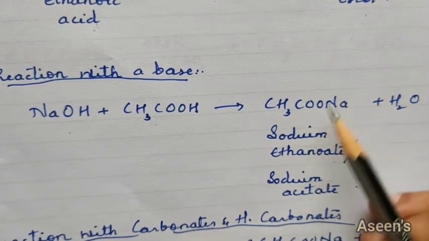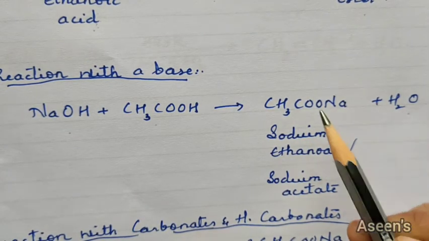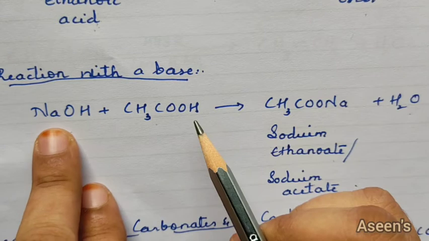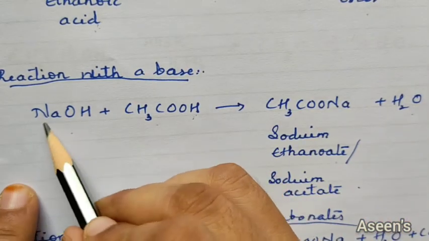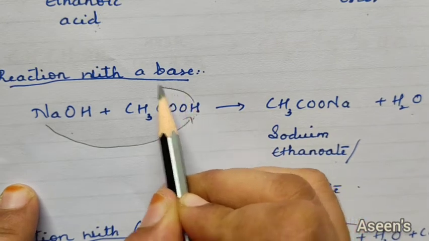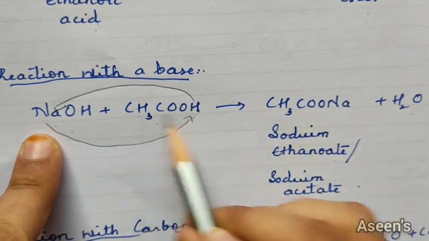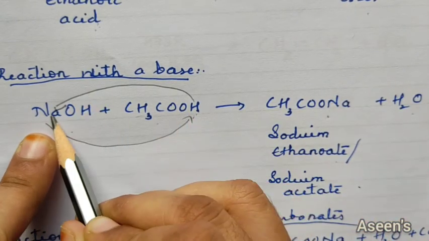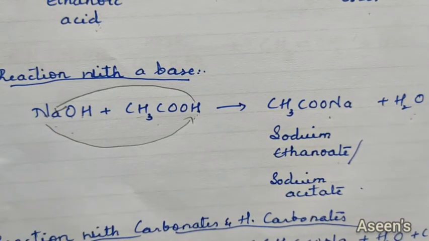Both are fine, both are names for this one. Along with water. So as you can see here, this hydrogen is replaced by this sodium. It's like interchanging. Sodium comes over here and it becomes this. This hydrogen comes over here. So H2O. That's what happens over here.